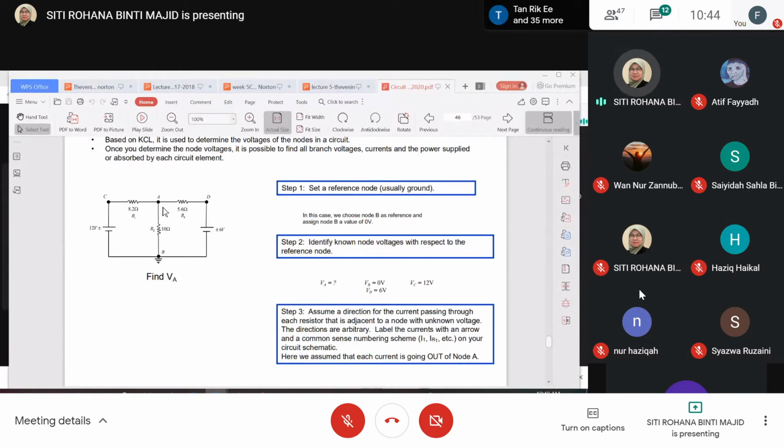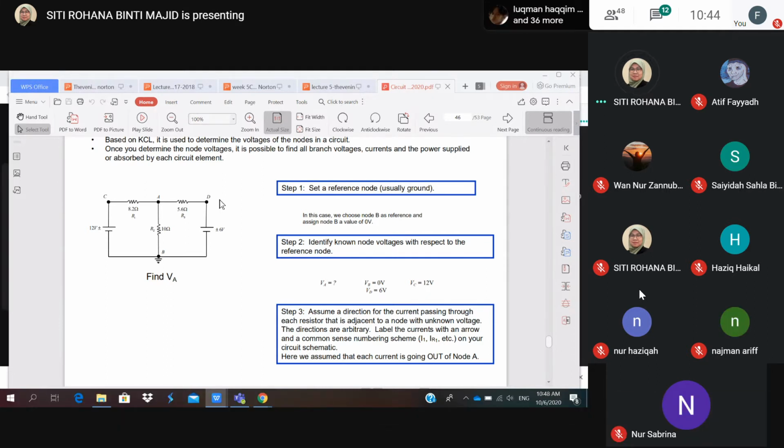So from here we have VB is 0, VD is 6 volts and VC is 12 volts. Why 12 volts? Because there is no other element between C and the source, so C will supply 12 volts. The same thing goes for 6 volts.